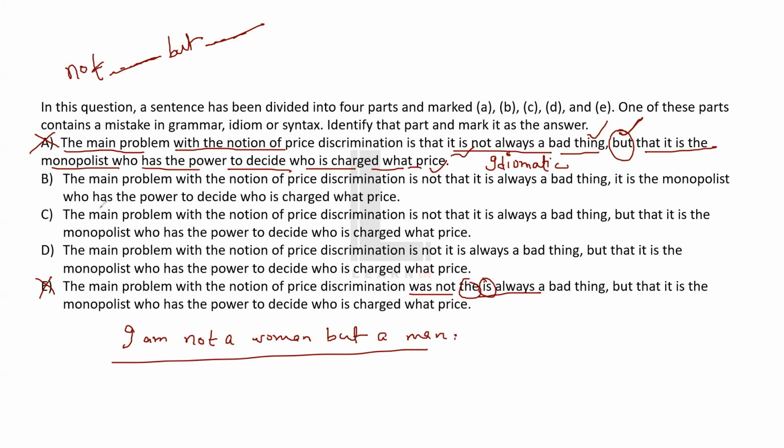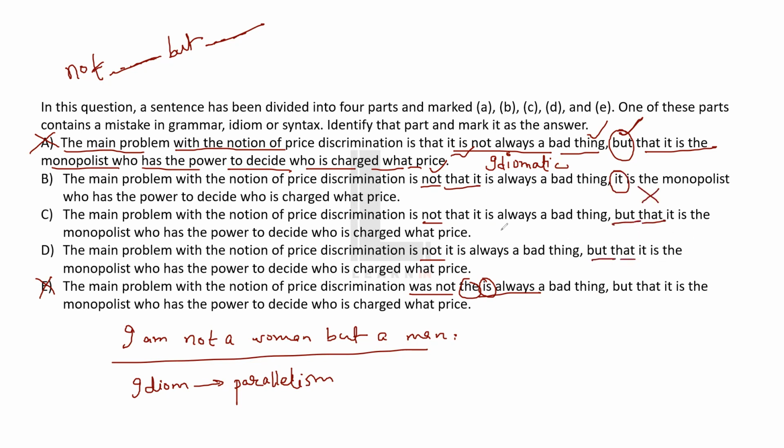Now, the other thing that comes with idiom is parallelism. Whenever there is an idiom, you have to look at the parallelism. Which has the parallelism? Here we do not have but, so this is gone. We have but here.